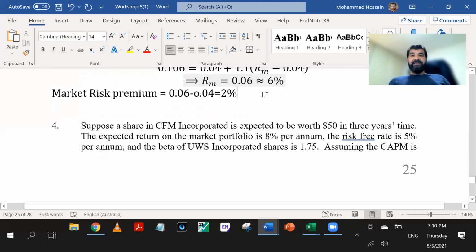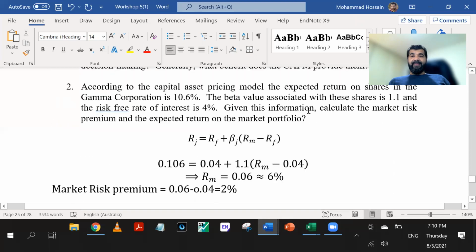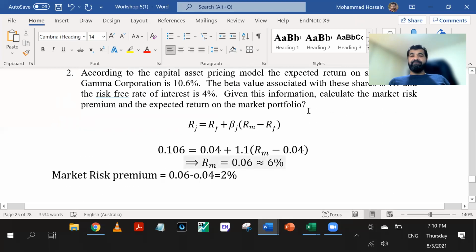It is asking for the expected return on the market portfolio. How much will it be? The market portfolio will be 6% plus 4%, 10%.